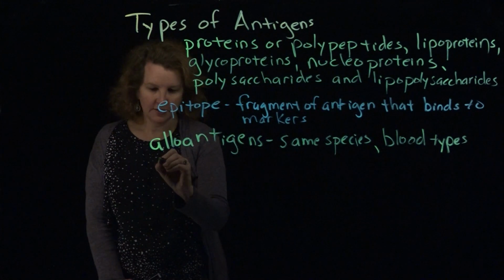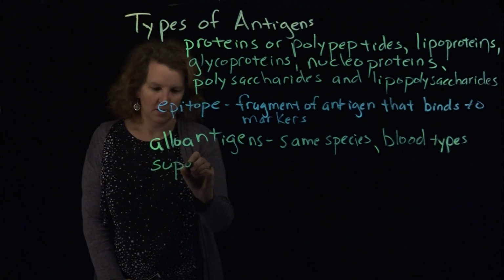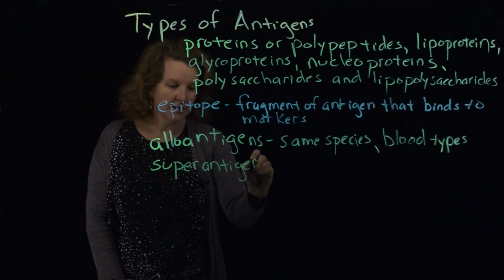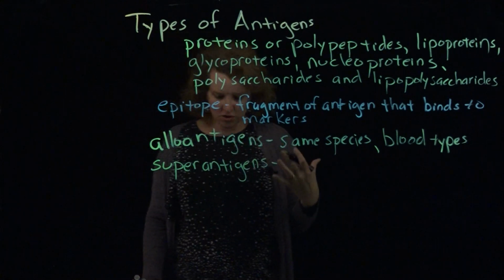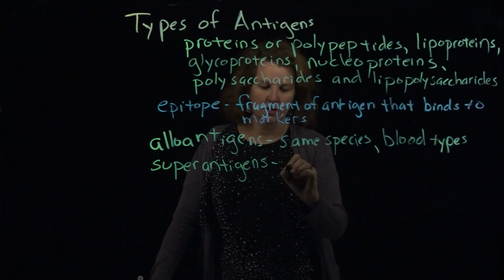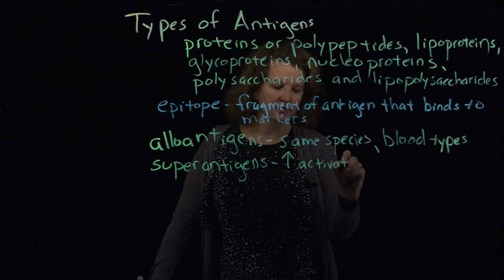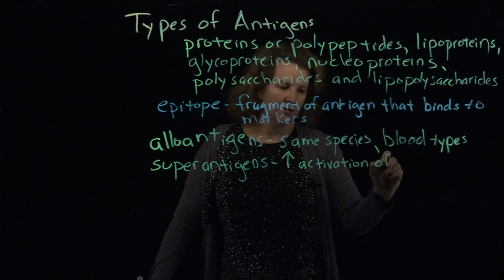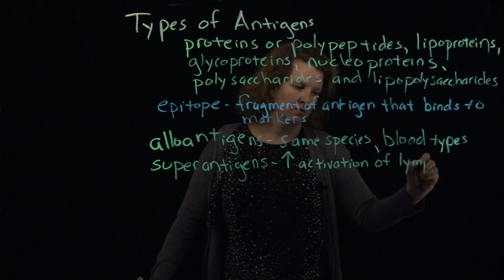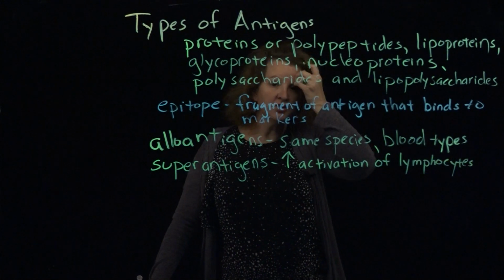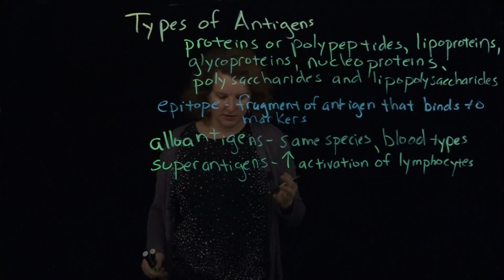There are also superantigens. These are antigens that elicit a huge response. So super high activation, and T cells are often discussed. It's going to do things like really ramp up inflammation, and can be very deadly very quickly.